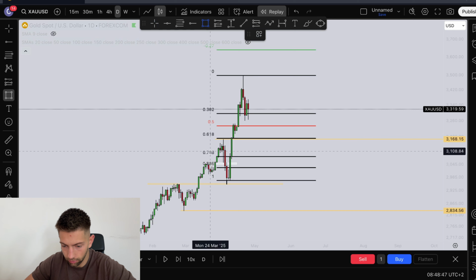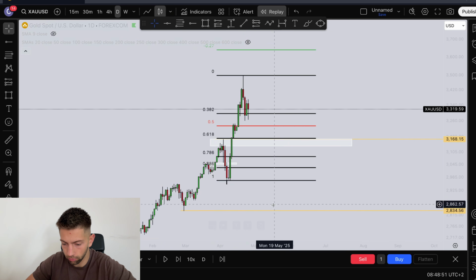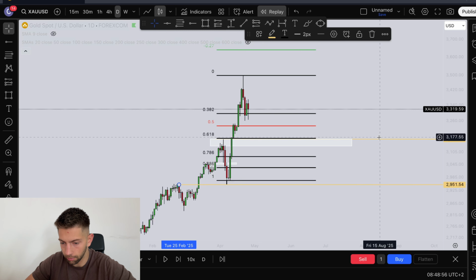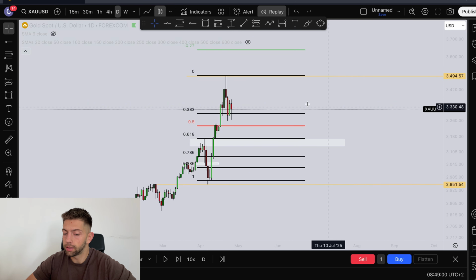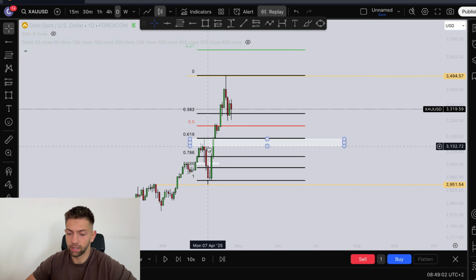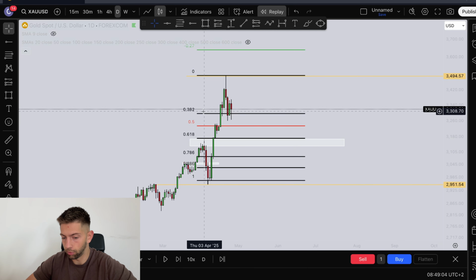Again, key level right here. At this point, my swing low is this, and my swing high is here, okay? This is the key level. I want to see price retest it, or I want to see a pullback of at least 38.2%, which is already happening.